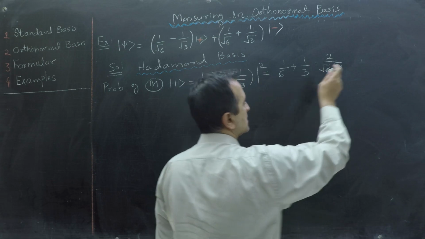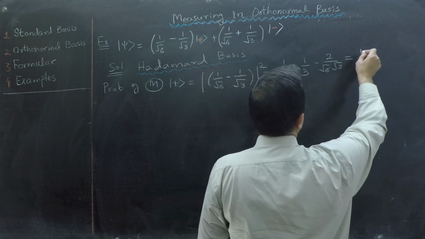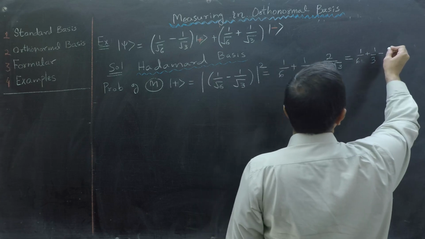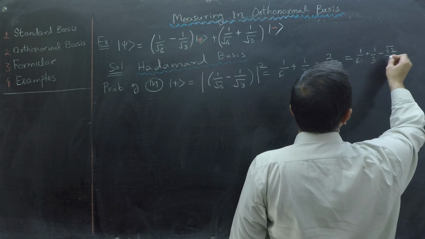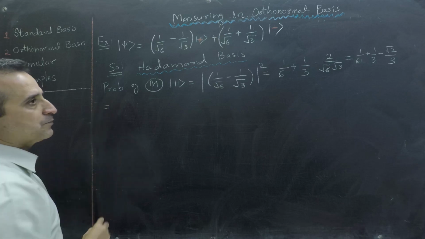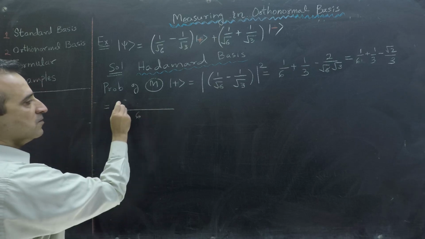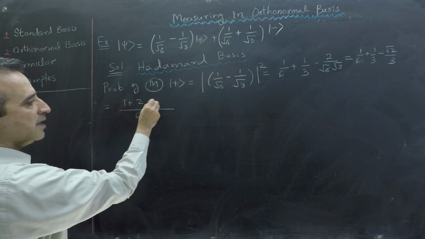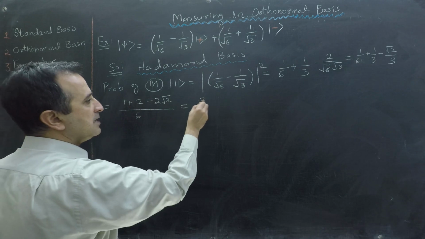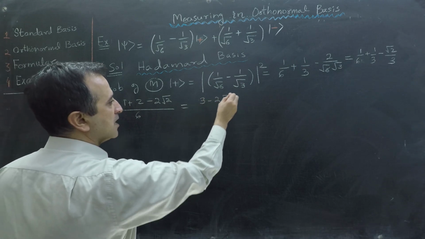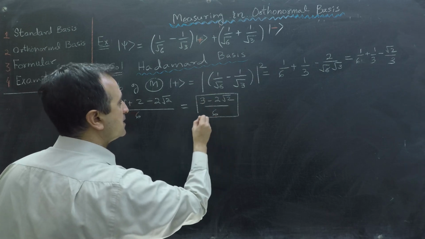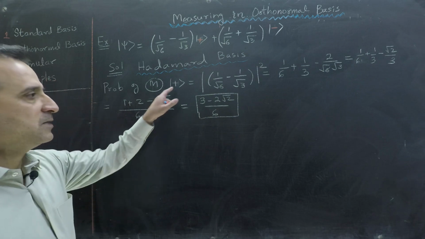And this simplifies to 1 over 6 plus 1 over 3 minus square root of 2 over 3, which further simplifies to 1 plus 2 minus 2 times square root of 2, which is equal to 3 minus 2 times square root of 2 over 6. So that is our probability of measuring ket plus.